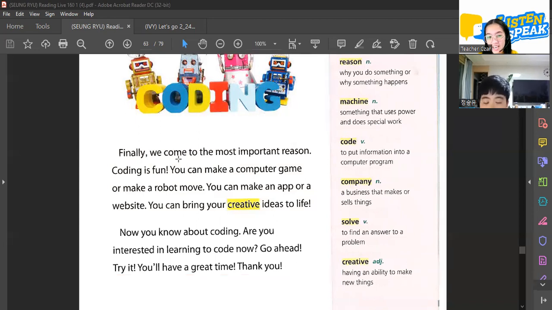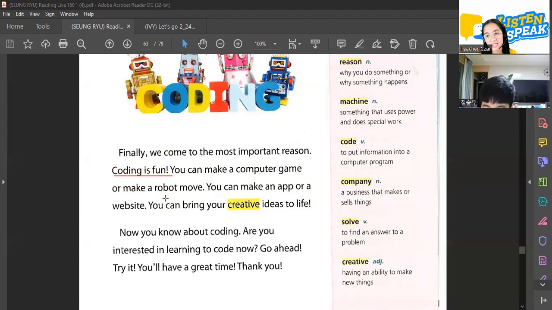So lastly, if you know how to code, it has also an important reason because coding is fun. If you know how to code, you can also make your own games or computer games. You can also make a robot move.